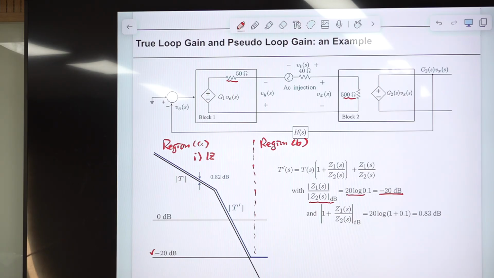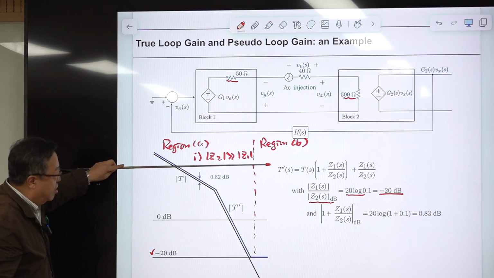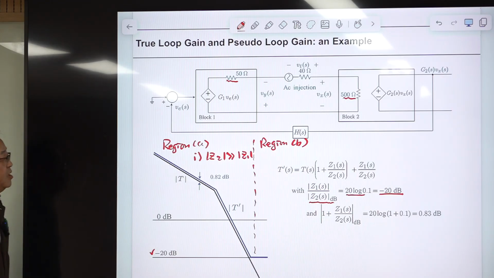This is true: the magnitude of G2 is larger than G1 by 10 times. So this is a large difference, and then maybe we ignore this.